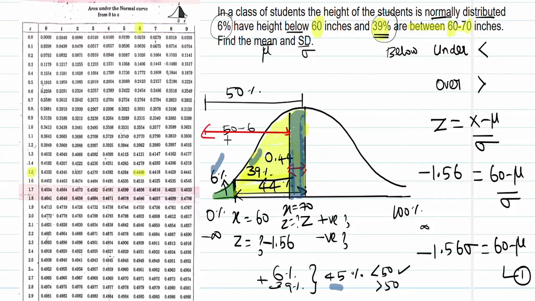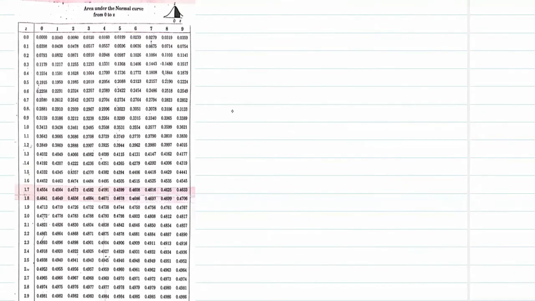So what do you think this portion will be equal to? Yes, you are right, 50 minus 45. This will contribute 5% of my data. We will draw this data very clearly in our next slide. So I have the normal distribution curve.